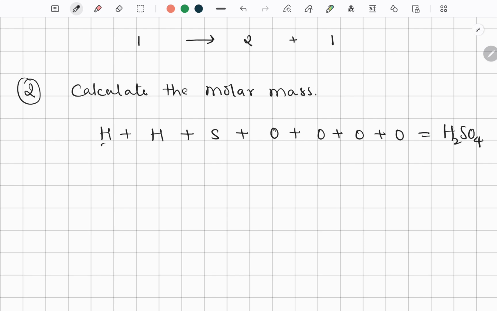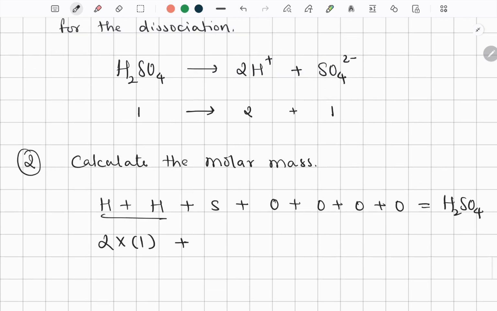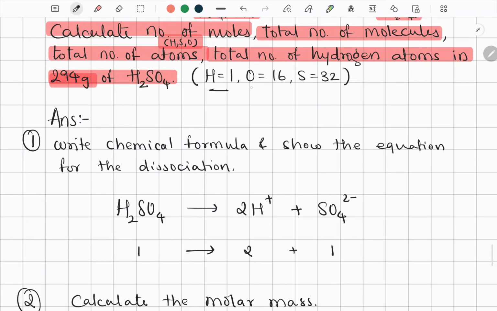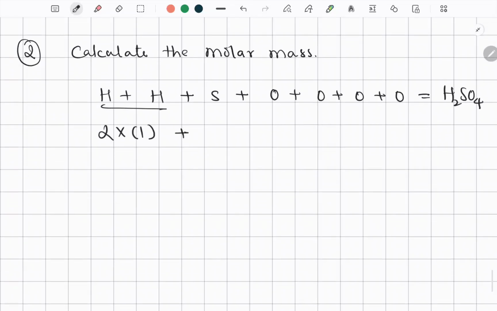The atomic masses of hydrogen, oxygen and sulfur are given in this question. So we can easily calculate: 2 into 1 plus 32 plus 4 into 16.